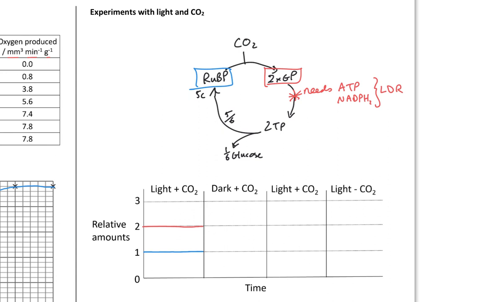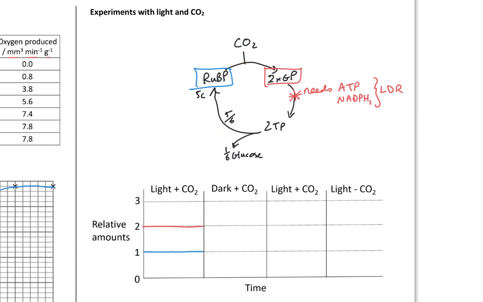Right, now let's go from the light into the dark, and we're maintaining carbon dioxide. So we're going into this time period now. I've turned the light off, so it can no longer do the light dependent reaction. It's going to run out of ATP and NADPH. It's still got CO2 though, so it can still do this step from RUBP to GP, so GP is still made.